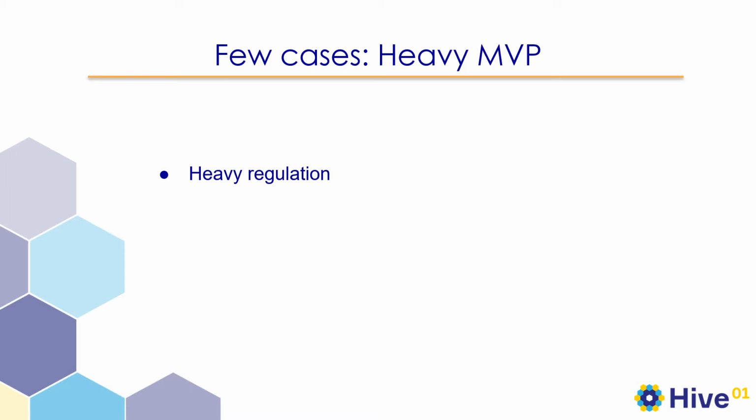PayPal is in the payment industry, has a whole lot of regulation. Tesla is building cars. I actually don't know, maybe the pharmaceutical industry, but basically don't know if any other industry has more regulations. There's Hyperloop and there is the Boring Company, which are both incredibly heavy MVPs, but not necessarily because of heavy regulation, but because the MVP itself is such a large project.